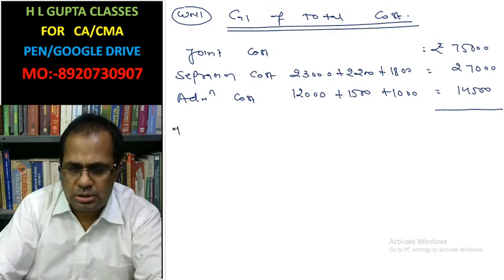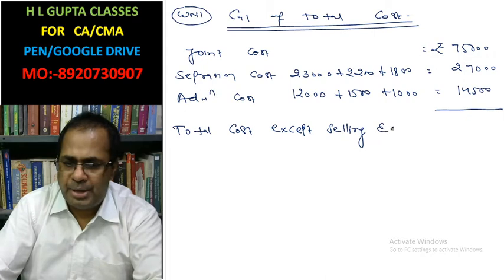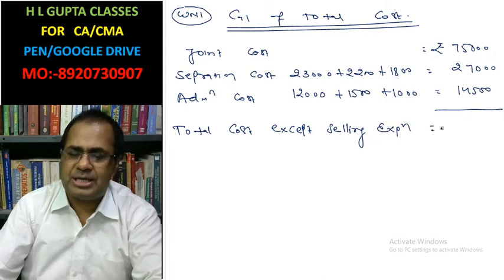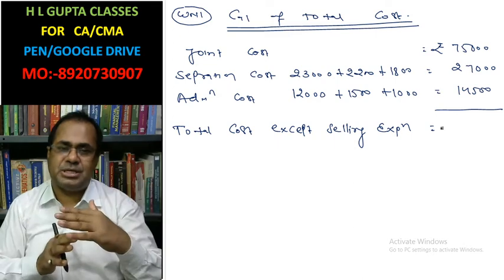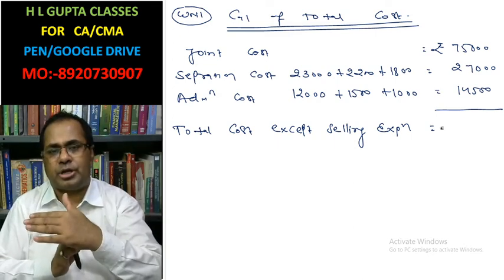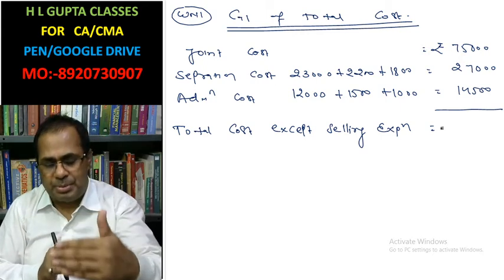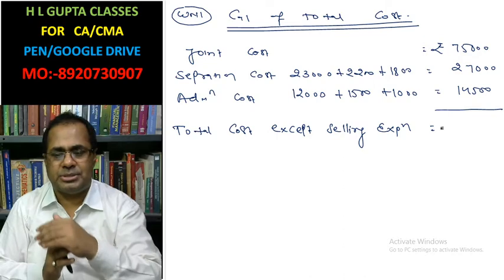This is the total cost except selling expenses. My main target is to calculate selling expenses, because selling expenses are not given, and they are distributed among the main product, byproduct A and byproduct B on a percentage basis, that is 85%, 10% and 5%.